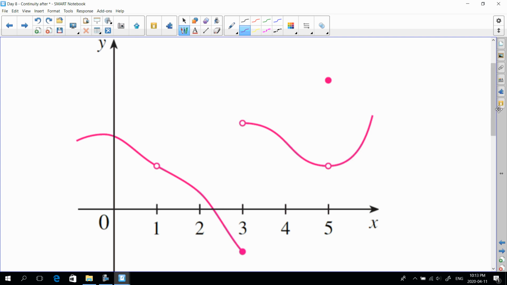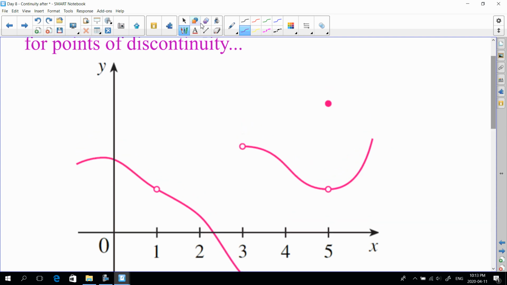So we can see that this function is actually discontinuous at a couple, or actually 3 x values. First being, it is discontinuous at x equals 1 because it breaks that first rule. f at 1 is undefined.